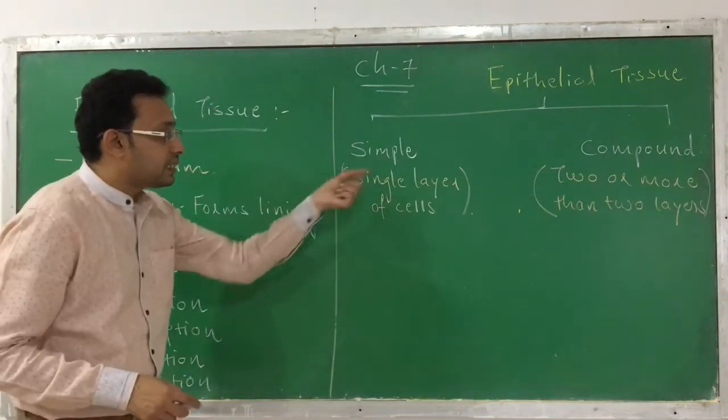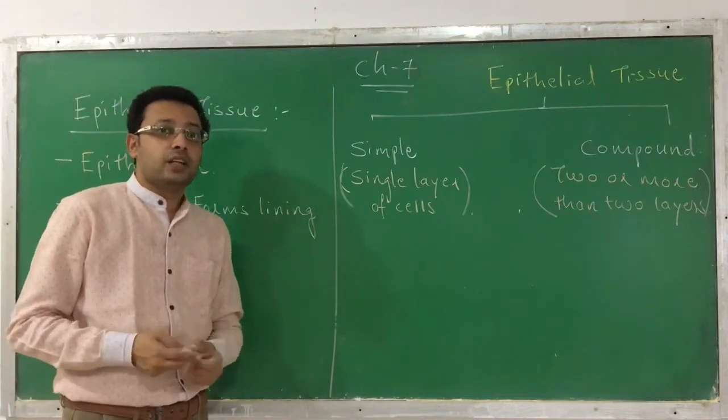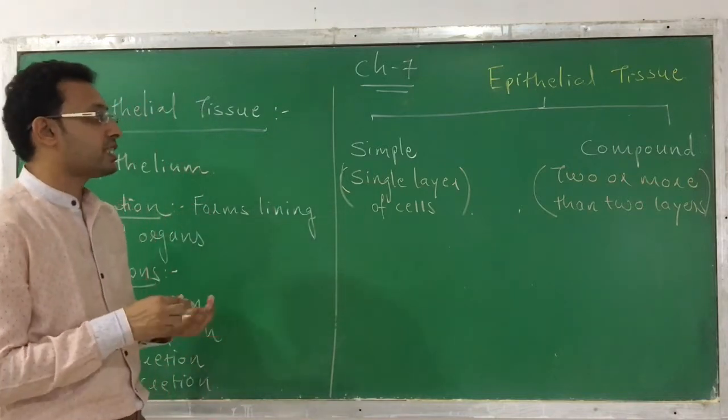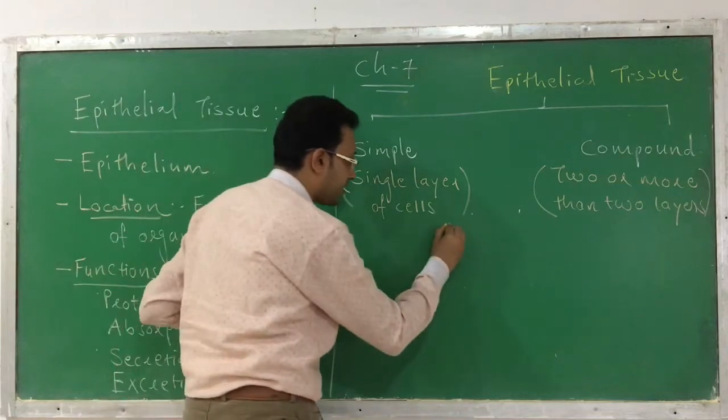Now this simple epithelial tissue, based on the shape of a cell, can be further divided into different types.